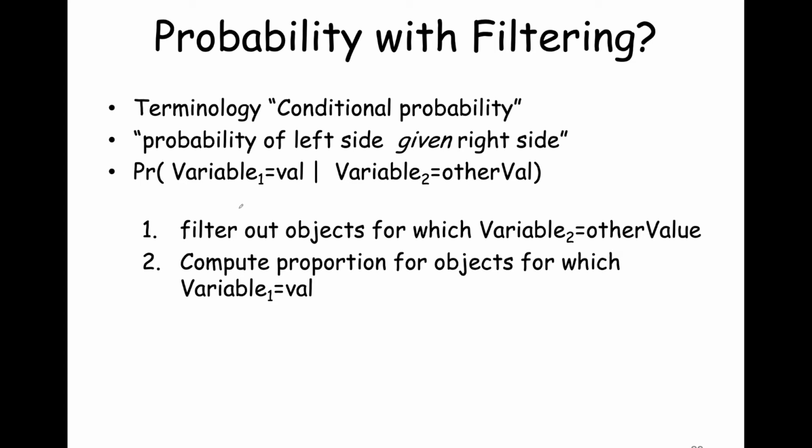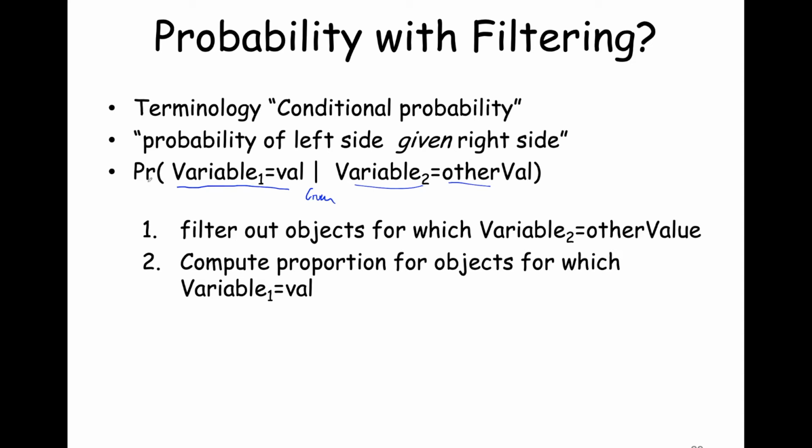And so the terminology is conditional probability, and the syntax here is the probability that some random variable equals a value, then a vertical bar, given that some other random variable takes on another value. How you pronounce this is the probability of the left-hand side given the right-hand side. So in this case, the probability that variable 1 takes on a value, given that variable 2 takes on another value.